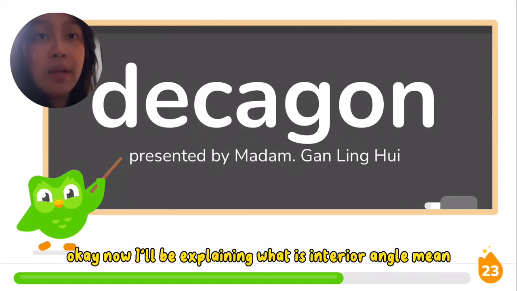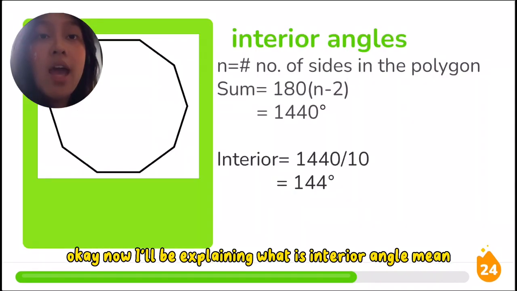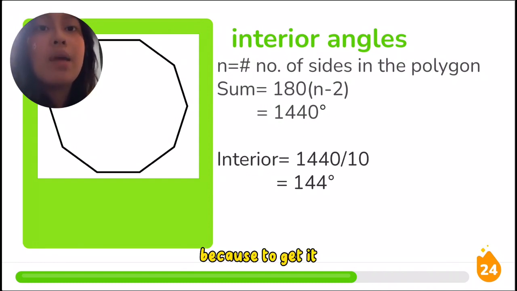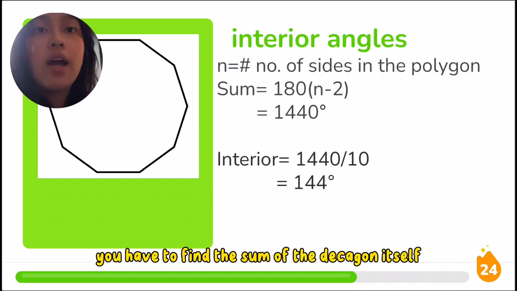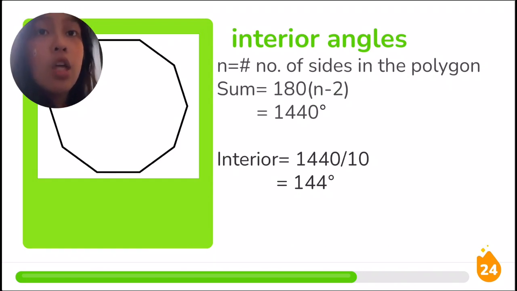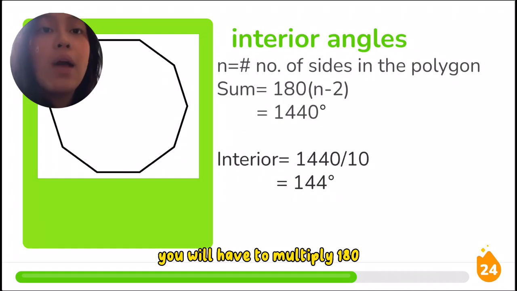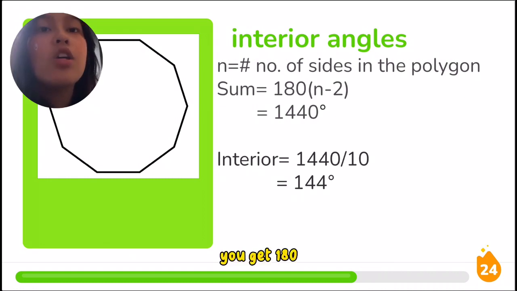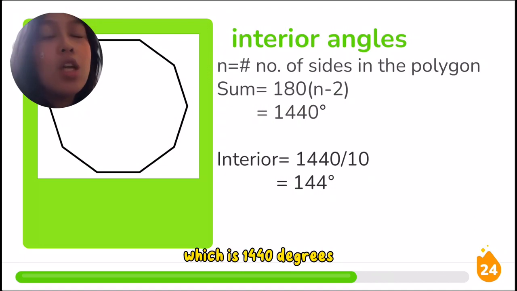Okay, now I'll be explaining what interior angle means. The interior angle of a decagon is 144 degrees because to get it, you have to find the sum of the decagon itself. To find the sum, you multiply 180 by the number of sides in the polygon, and for the decagon, you get 180 multiplied by 8, which is 1440 degrees.